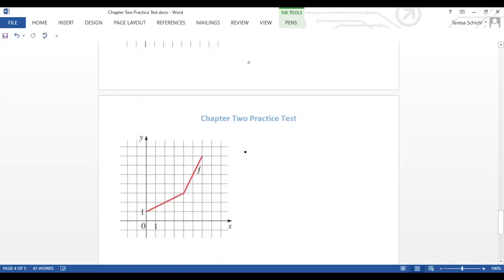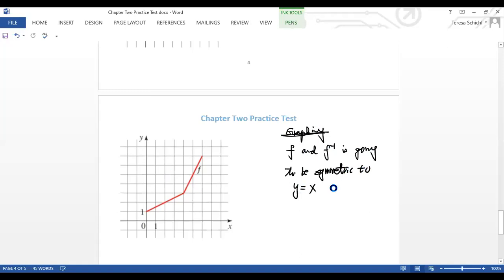For graphing the inverse, the key concept we use is that F and F inverse are going to be symmetric to y equal to x. So when you do the graph, it's going to be symmetric to the line y equal to x.